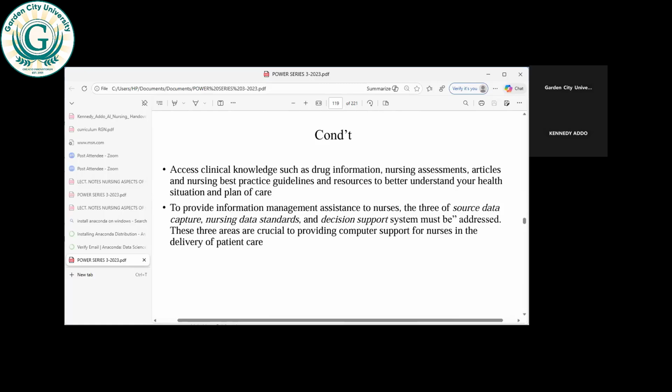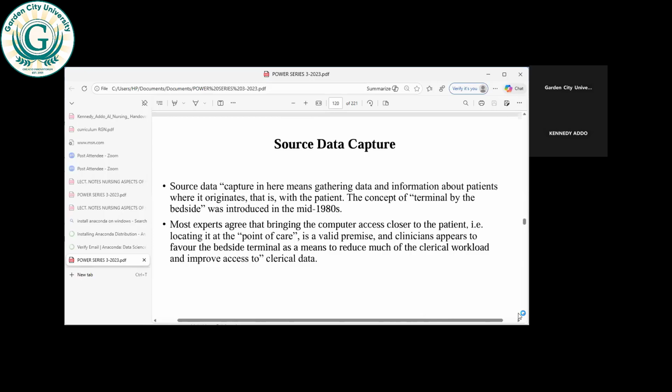All these are resources that are tied to the electronic health records to complement nurses in making references or making decisions. Now, to provide information management assistance to nurses, the following are very key. Source data capture, nursing data standards, and decision support systems must be addressed to ensure that we have fully efficient systems to manage our patients.